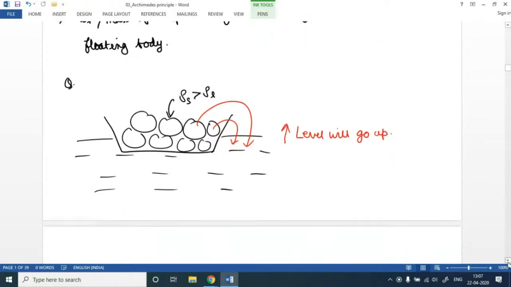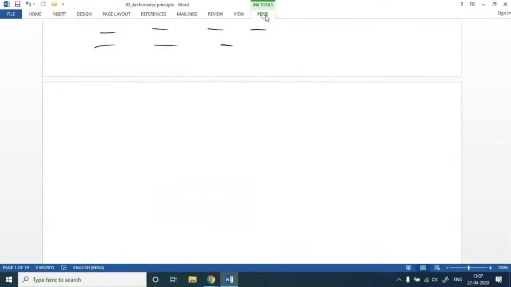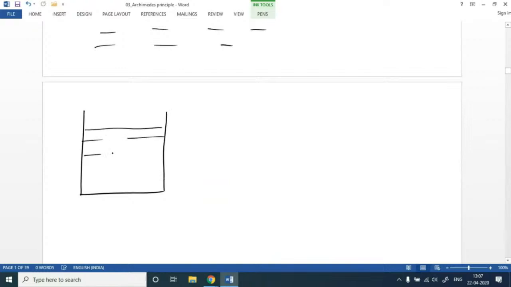The second question of the very same nature I want to discuss very quickly. Let's say in a beaker there is some water, and an ice cube is floating on that water. As we understand, the density of ice is less than that of water, so it will simply float on the surface of the water, partially submerged, with some part of it outside the water.